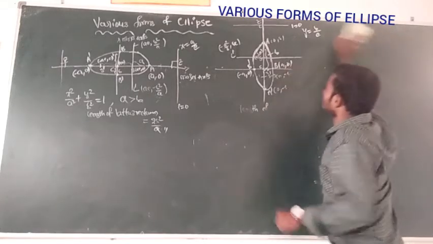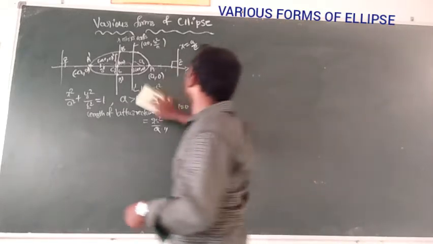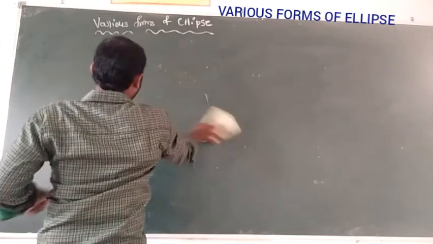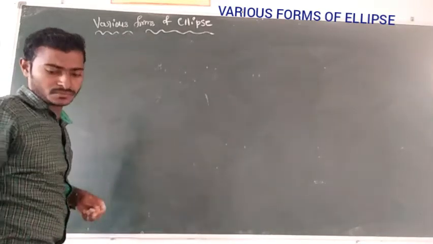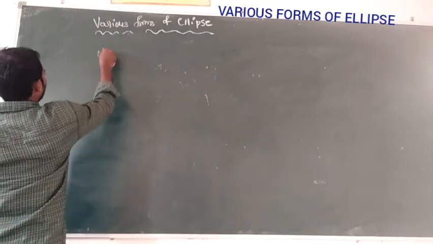Now after seeing the length of latus rectum, we have some notations in ellipse.